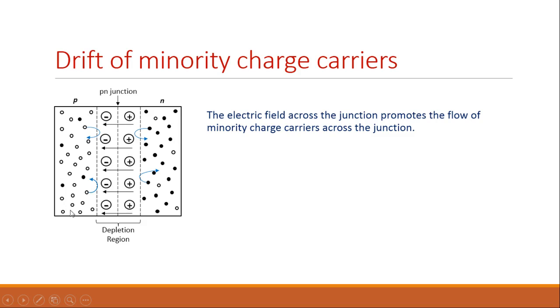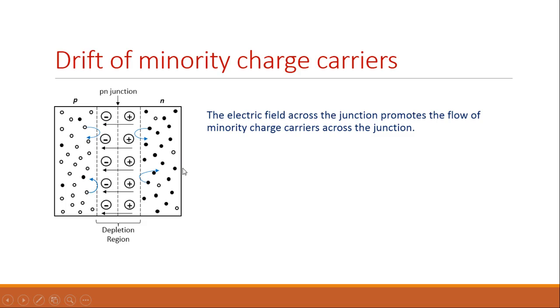In the P region, as told earlier, you still have a large number of holes and very few electrons. In the N region, you have a large number of electrons and very few holes. So, holes are majority in P and minority in N, whereas electrons are majority in N and minority in P.